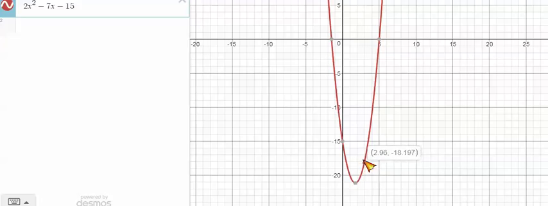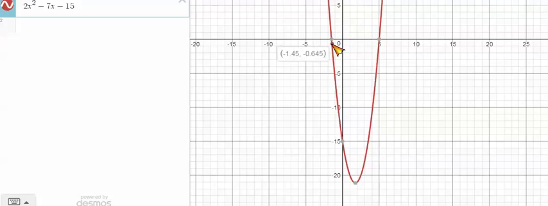Negative 18.34, negative 10.3. All these coordinates, the y-coordinate is negative. This one, our x-intercept, it's 0, just like this one. Our other x-intercept is 0. And if we go above, notice the y-coordinate is positive.